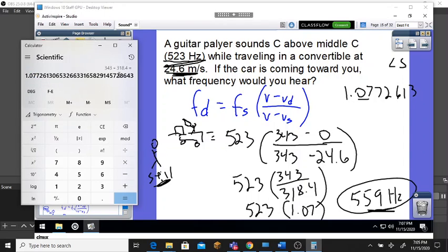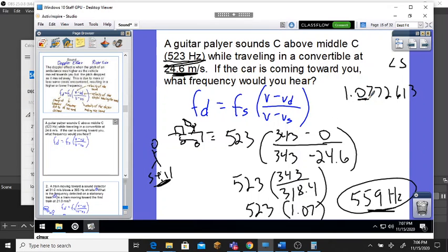Now if I use all the numbers, you're going to see my answer is going to be different. So 523 times 1.077 and so on. See how it's going to be somewhat off? It's a little bit close, but if we all want to get the same answers, let's just stick to the first two decimal spots, okay?